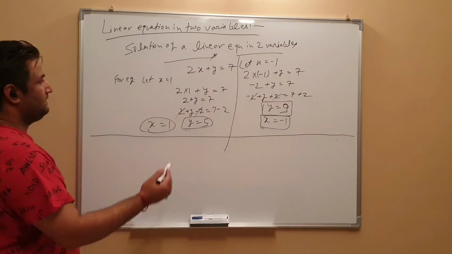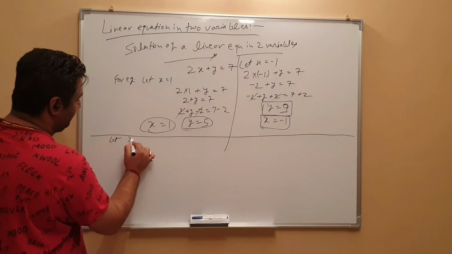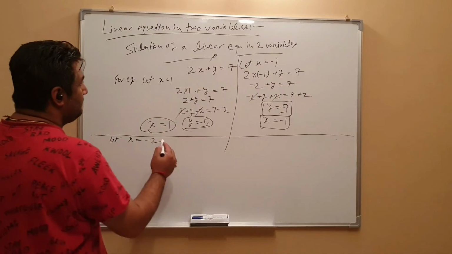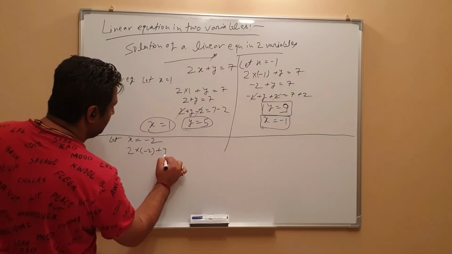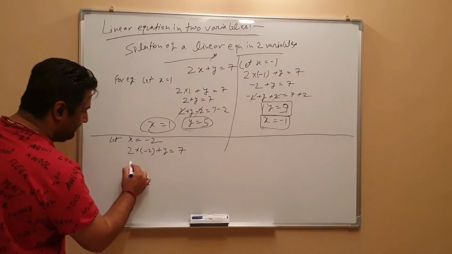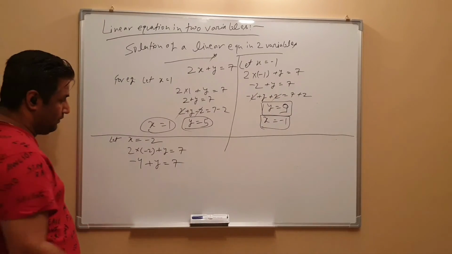Similarly, we can substitute some other random values also. Let's assume x equals negative 2. We substitute negative 2 here: 2 times negative 2 plus y equals 7. Now 2 times negative 2 is negative 4, so negative 4 plus y equals 7.